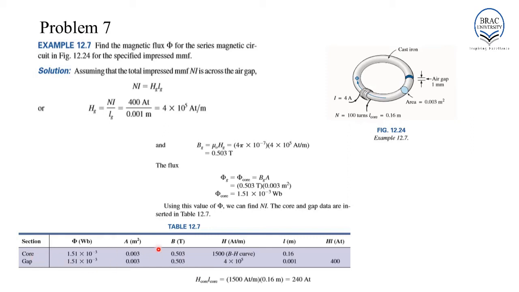So if we fill out this table, using the BH curve, we can determine the value of H for the core. Then the drop of MMF across the core will be H core L core, which is equal to 240 ampere turns.